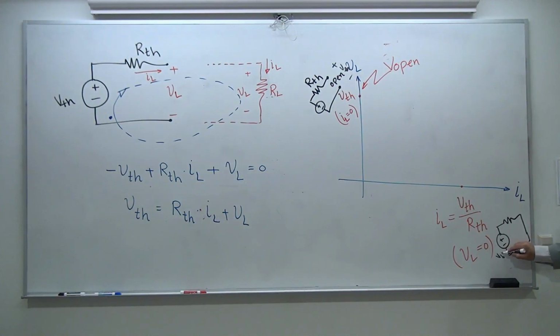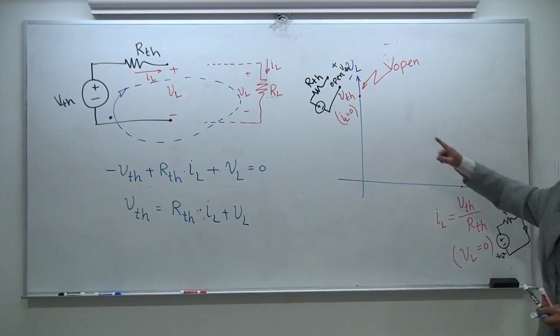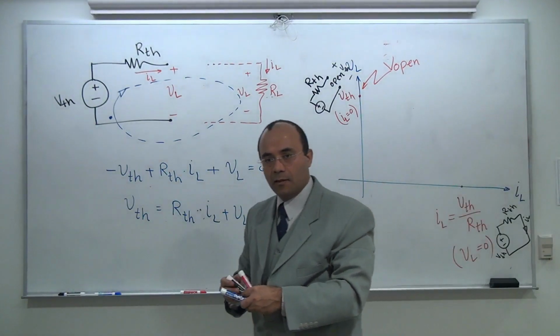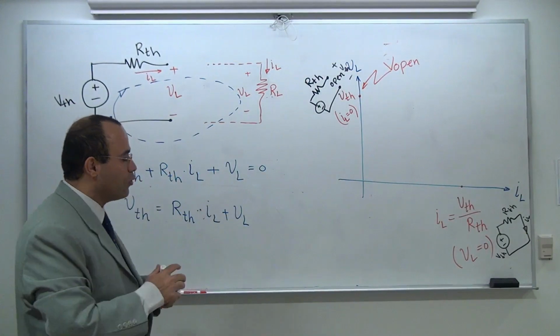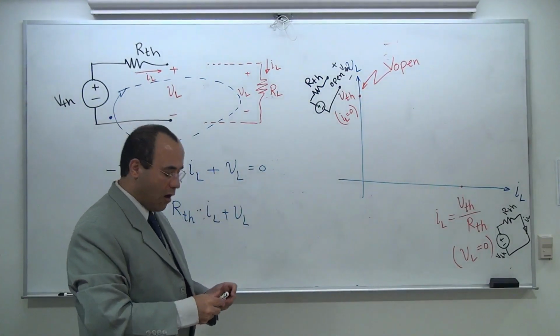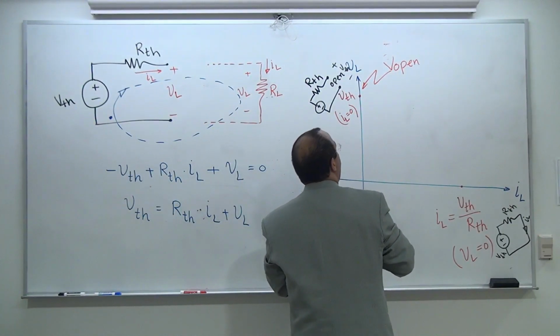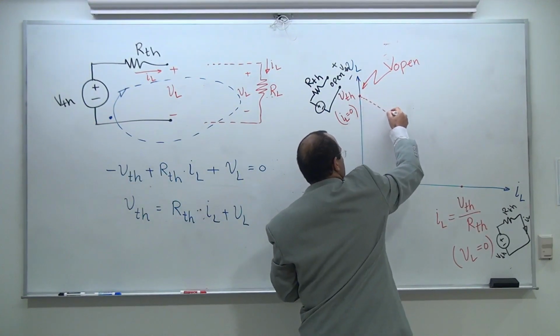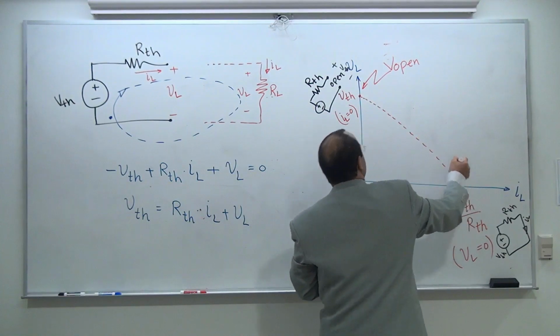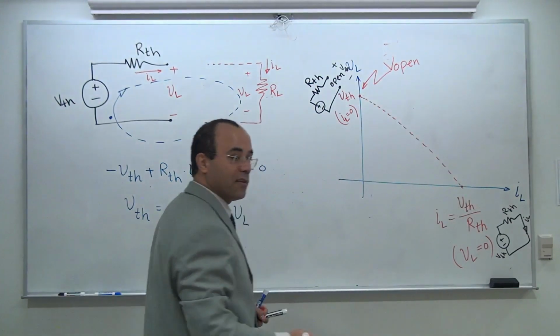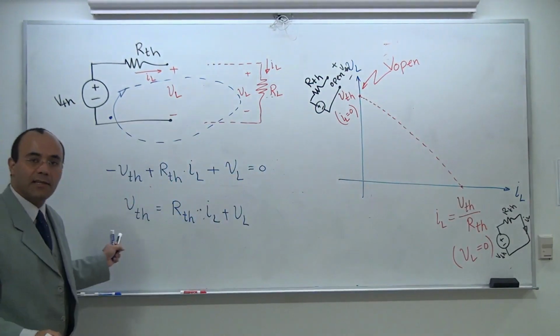So this is Thevenin, this is Thevenin, and this is IL. So I need you to know what this point is and what this point is. You happen to have two nodes, 2 points of the line. All you have to do is to connect these 2 nodes. That's a line. It may not look like a line to you, but it's a line, a linear equation.